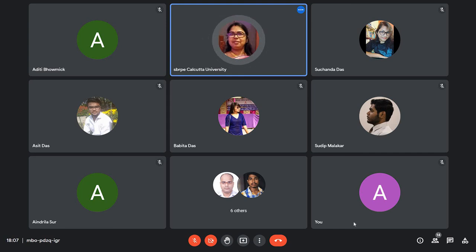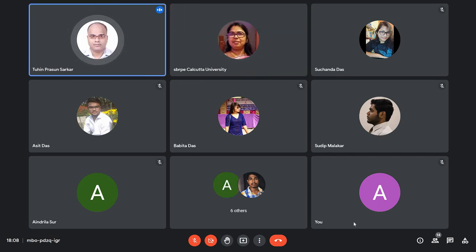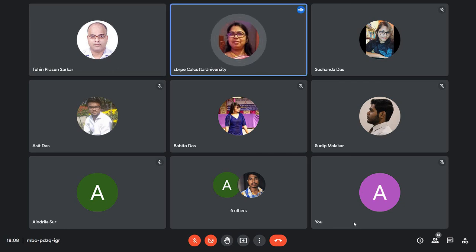So only 13 are joining today's class. Why? Are all not informed? Tuhin, are all not informed? I have informed all. So Tuhin is present, Suchanda present, Abhishek, Mollik present, Viprojit present, Sudip present, Oindila present, Bobita is also present, Aditi, Surojit, Musraf.